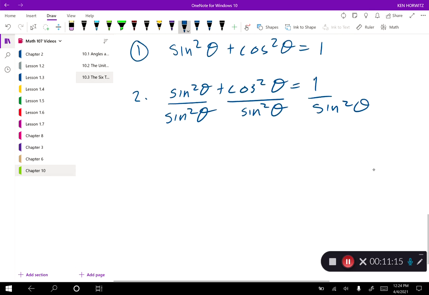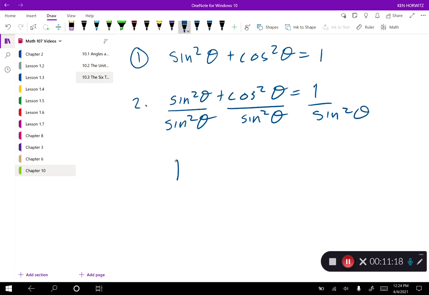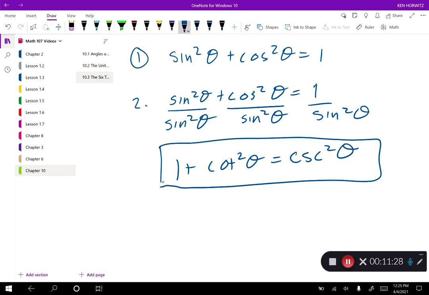And now when I simplify, I get 1 plus cotangent squared theta equals cosecant squared theta. And this, my friends, is the second Pythagorean identity. And we know we can do it by dividing everything by sine squared.